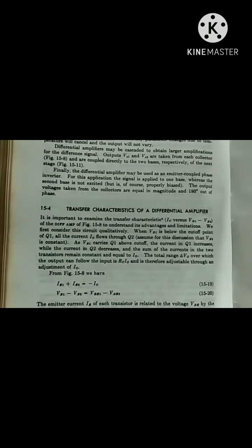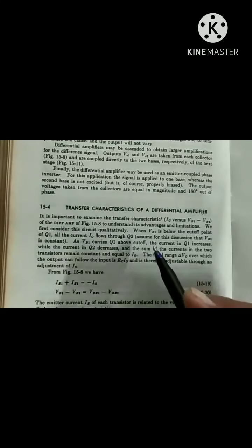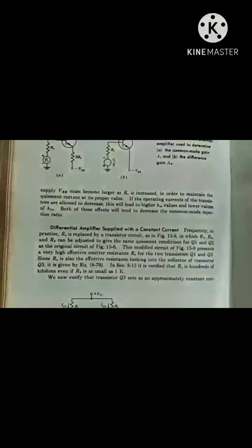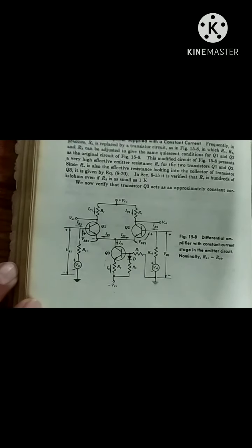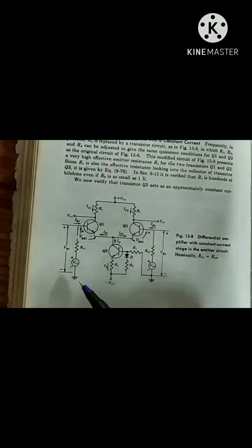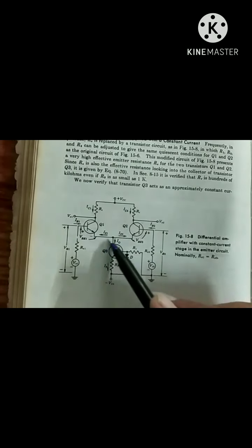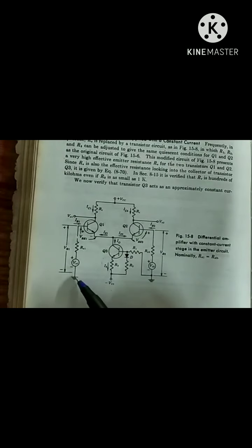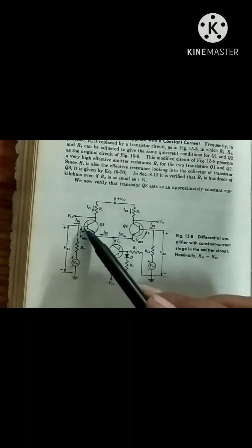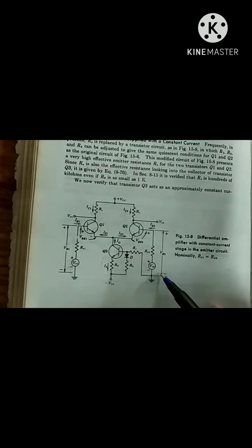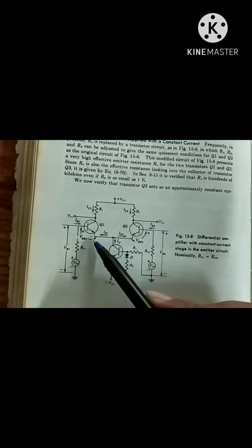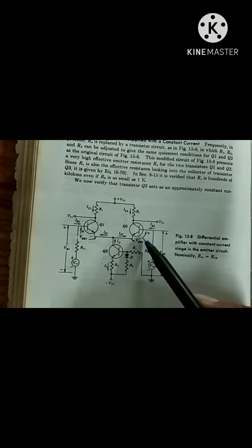For that, let us consider this circuit. We will consider this loop from this ground to this one. This is a complete loop. This voltage from this base to ground is VB1 and this is VB2. This voltage is VB1 and this voltage is VB2.